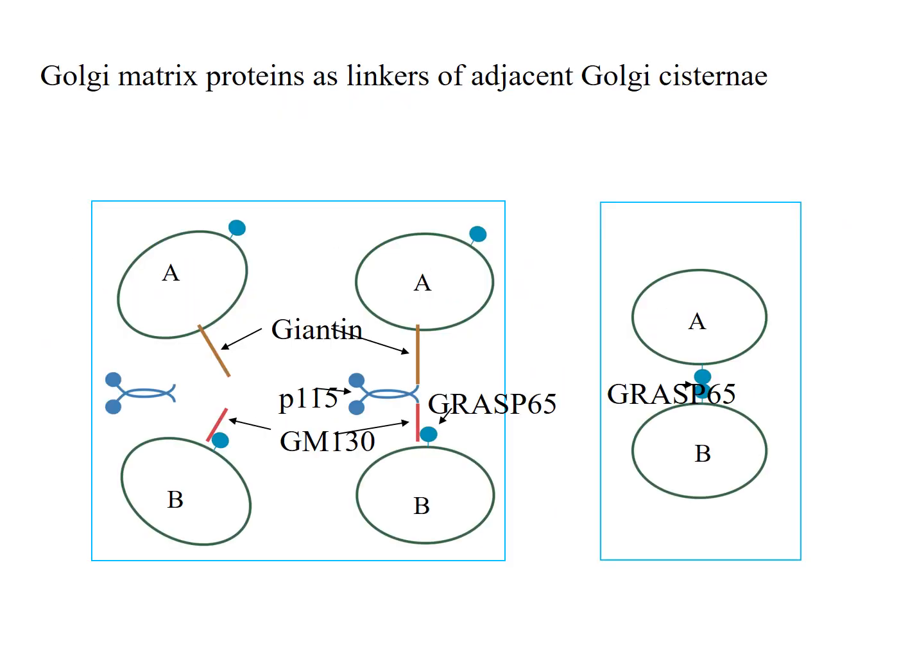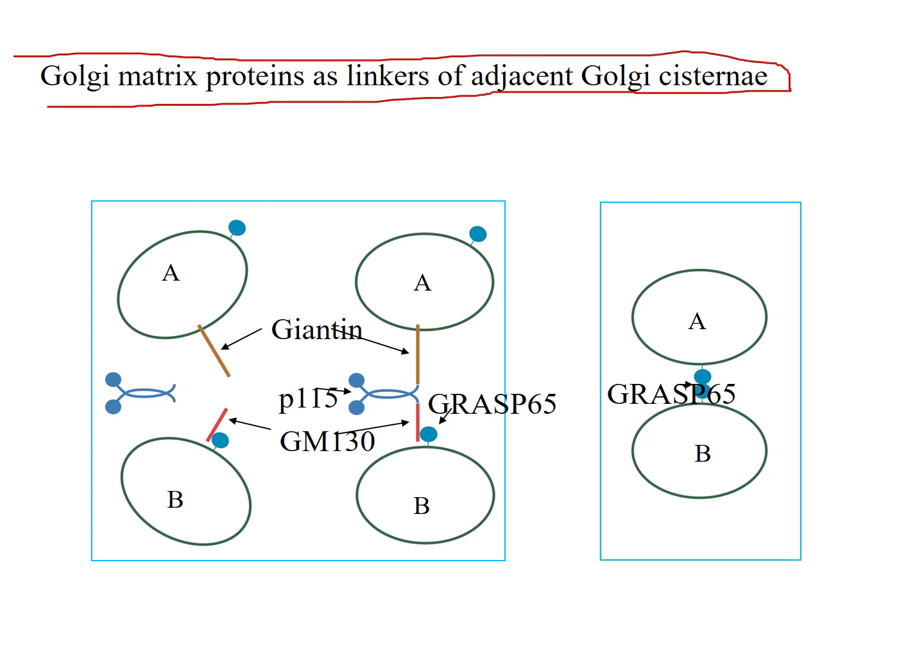So as we see with vesicle fusion, it turns out, and we always wondered, how are these Golgi stacks attached together? Turns out they are attached by snare-like molecules. Here's Golgi stack A and B, and it turns out there's a protein that's very large called giantin, and GM130, that's its molecular weight, and P115 as well.